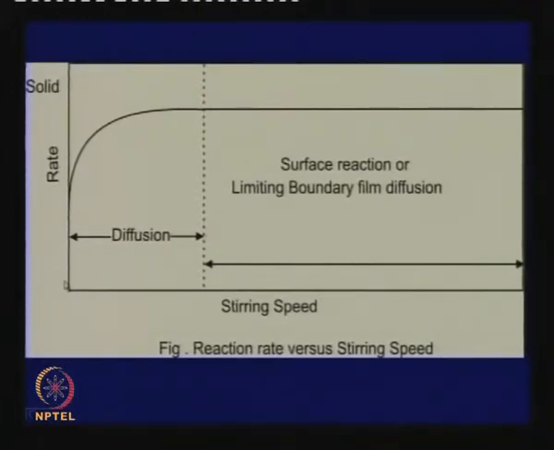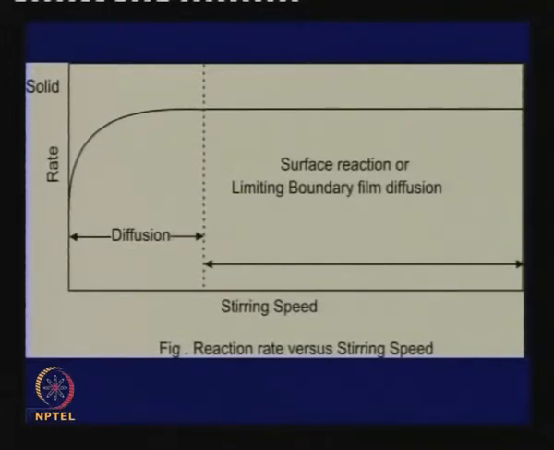We discussed this a little more from a kinetic point of view, that any leaching reaction can be expedited by stirring, because there is a concentration profile at the surface and there is a concept of boundary layer, where say 99% of the concentration change takes place. So, if you stir the solution, the concentration profile is made steeper, because the boundary layer becomes thinner as the stirring speed increases.